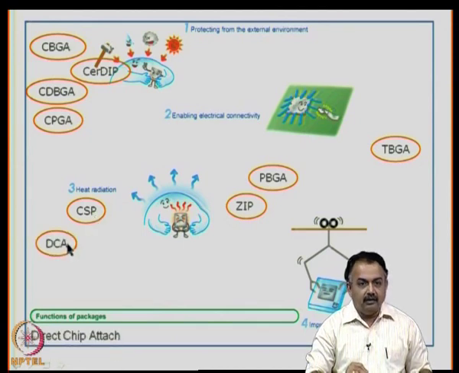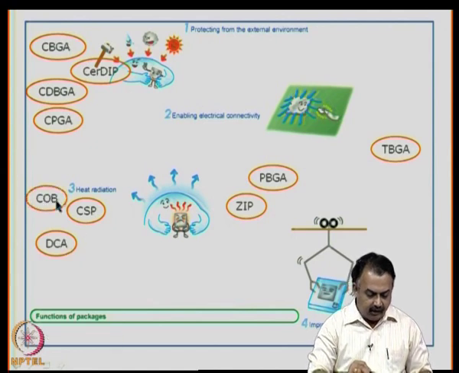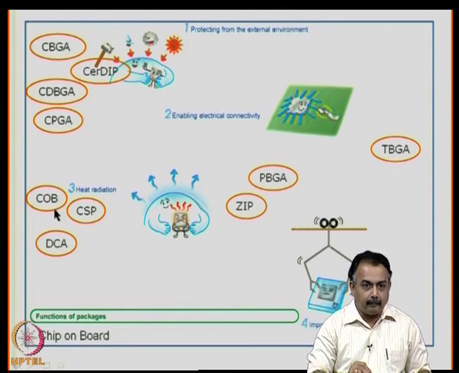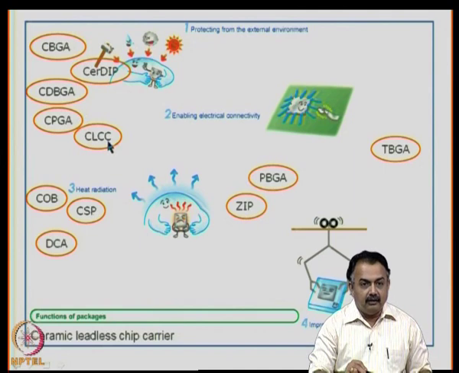DCA is known as direct chip attach. Then we have COB. COB is known as chip on board. We have seen what a COB configuration looks like. CLCC is known as ceramic leadless chip carrier.